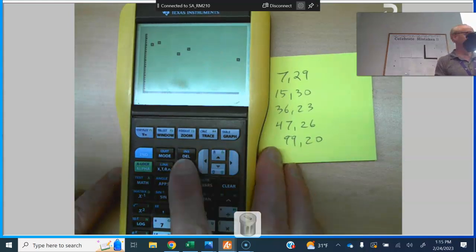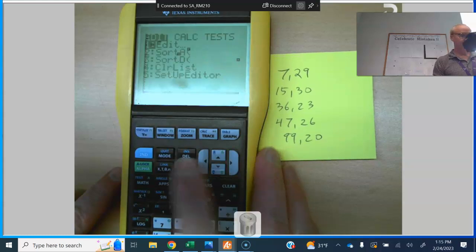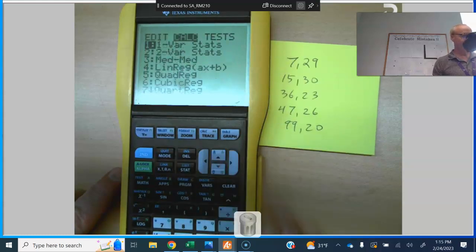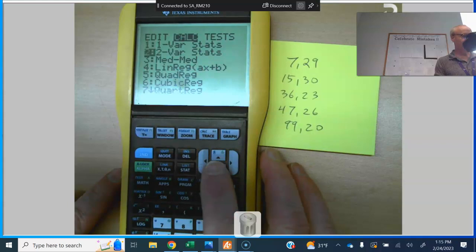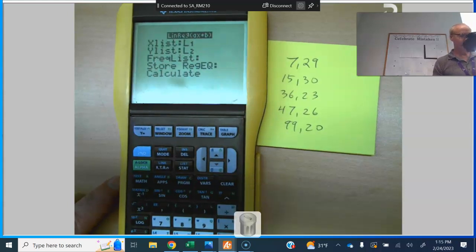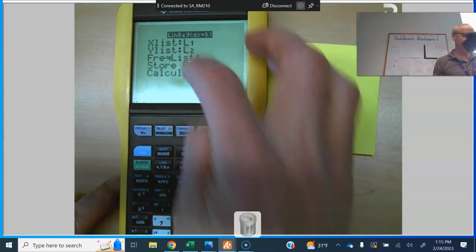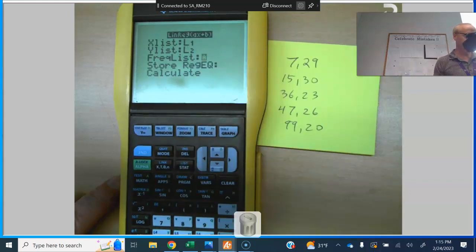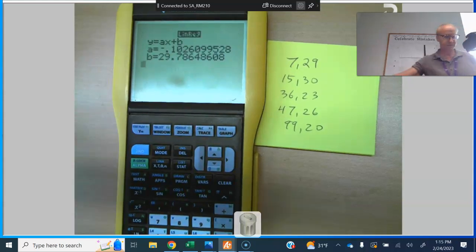What we can do is go to stat, and we can calculate linear regression. This looks like they're in a line, so I'm going to calculate linear regression and hit enter. And by the way, you have to tell it that the X list is 1 and the Y list is 2, and calculate the linear regression. There it is.